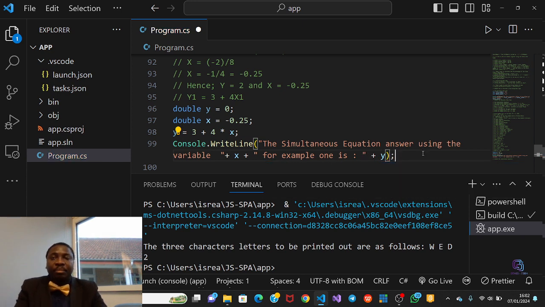So we need to get the answer for y, and since we're getting the answer for y, that's making use of x. So I'm going to run it, then you see your answer.